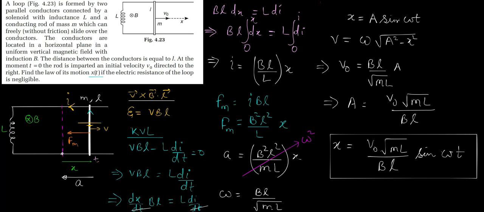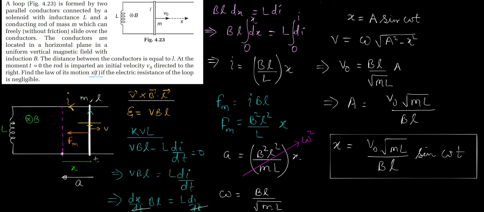Magnetic force is ILB; we plugged in the value of I, then applied Newton's second law and got acceleration as a function of x. We observed that this is the equation of simple harmonic motion with angular frequency given by this one, and finally x as a function of time in SHM is x equal to A sine omega t, because at t equal to 0 the rod is at the mean position.